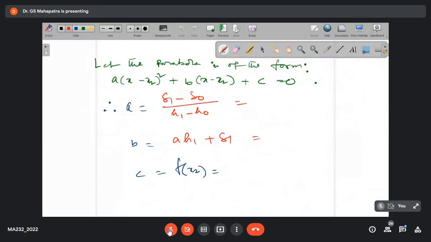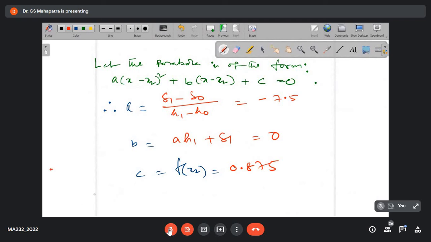Next, what about A and B? B equals 0. Okay, fine. Now if B equals 0, you can find the x3. So what is the x3 formula, you know, correct?